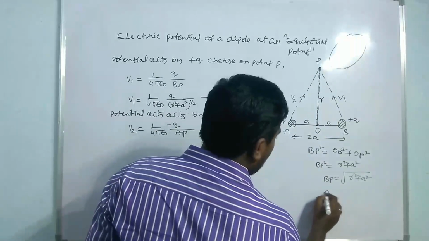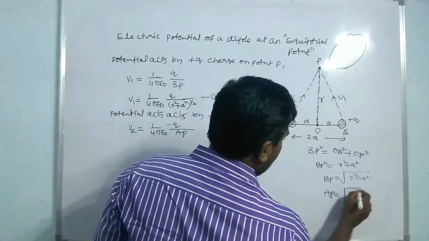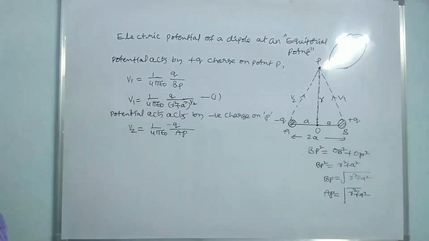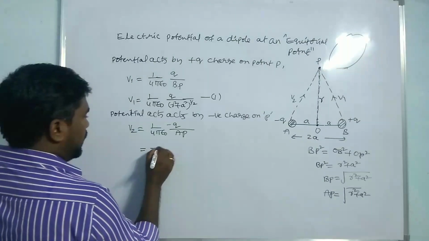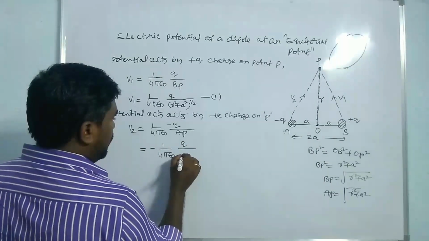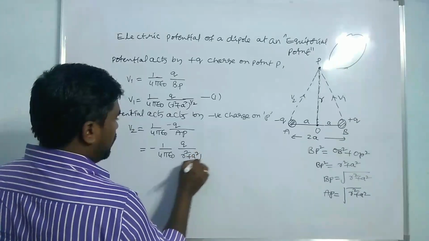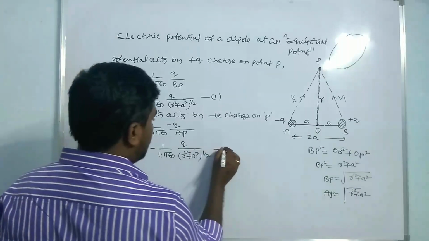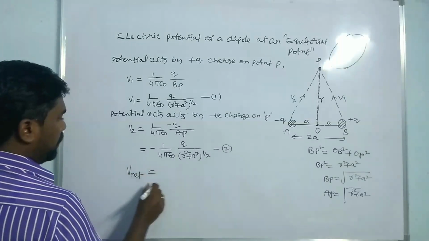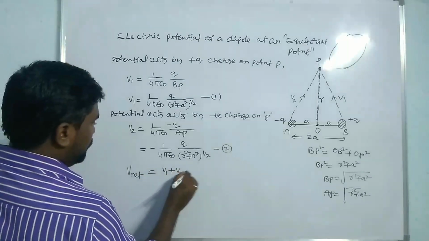AP is also the square root of R square plus A square, because the distances are the same. So it is minus 1 by 4 pi epsilon naught Q by R square plus A square whole power 1 by 2. This is equation 2. The net potential acting on the point P is equal to V1 plus V2.